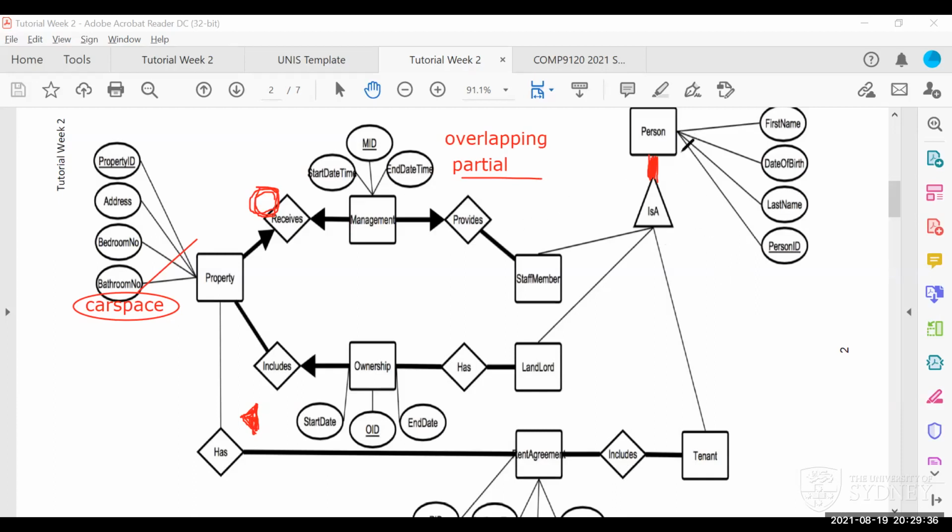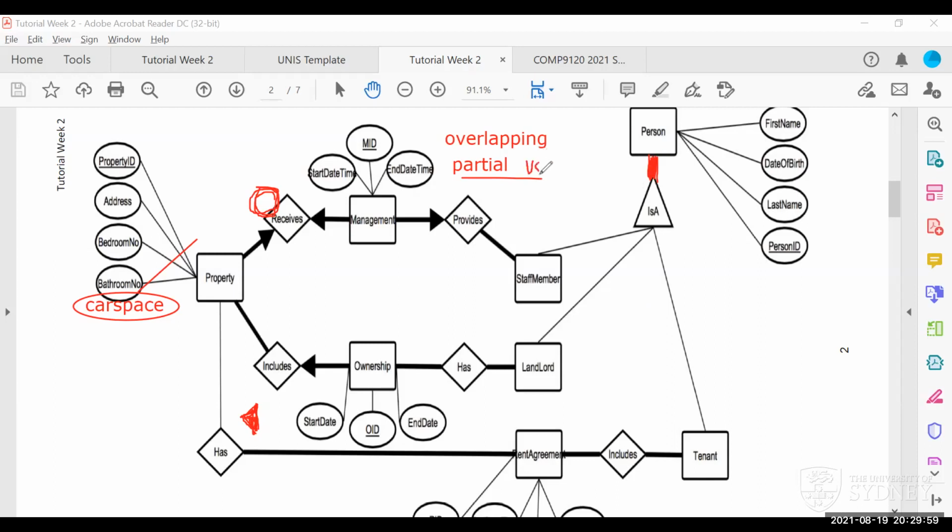The real estate company is only interested in staff member, landlord, and tenant. So in a real estate company, we don't really have a lecturer, for example. In this case, using total is more appropriate than using partial.